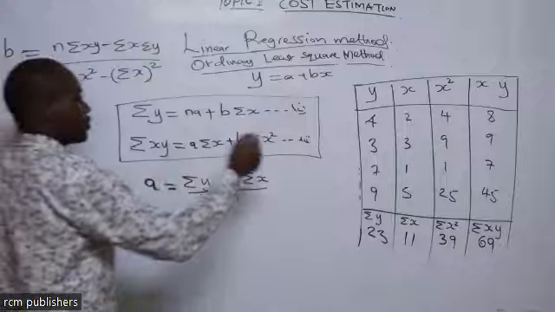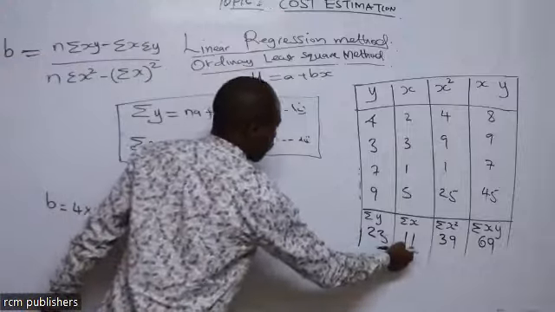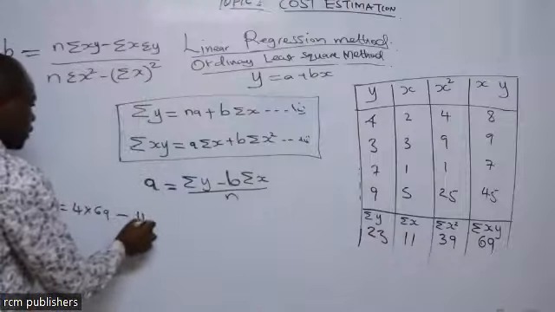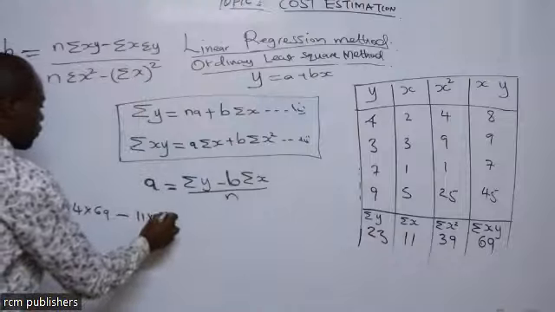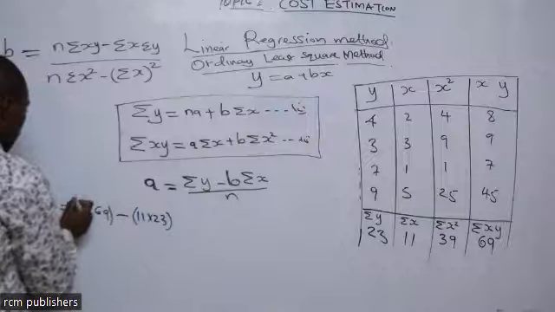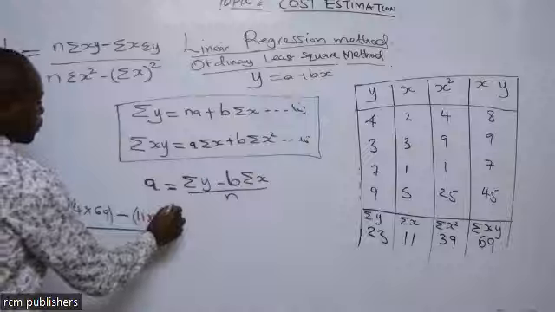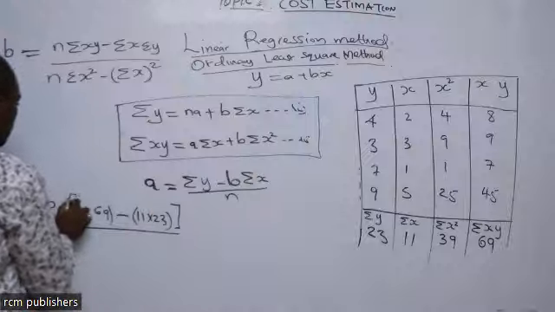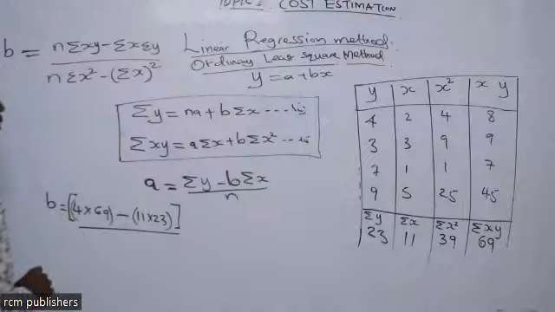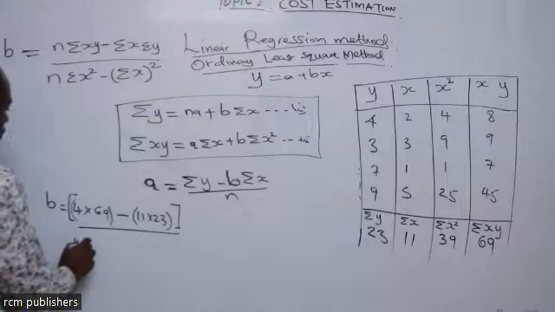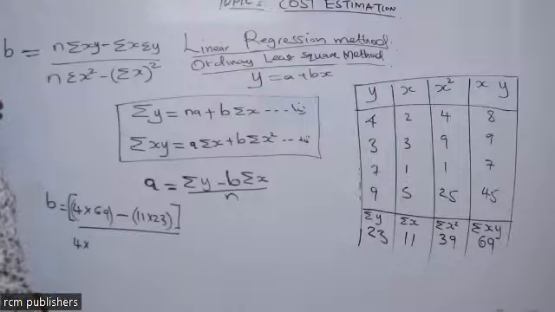It means we are going to take summation of x and multiply by summation of y. So that is 11 times 23. What we get up there, the whole of that will be divided by n, which is 4, multiplied by summation of x squared.